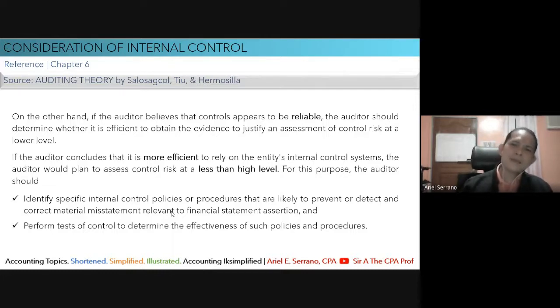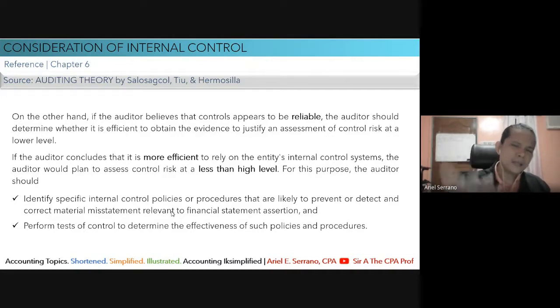If we set the control risk at less than high level, we have to identify specific internal control policies, procedures, okay? Para ma-PDC, prevent, detect, correct material misstatements. And then, perform TOC para malaman natin effective na ba yan.